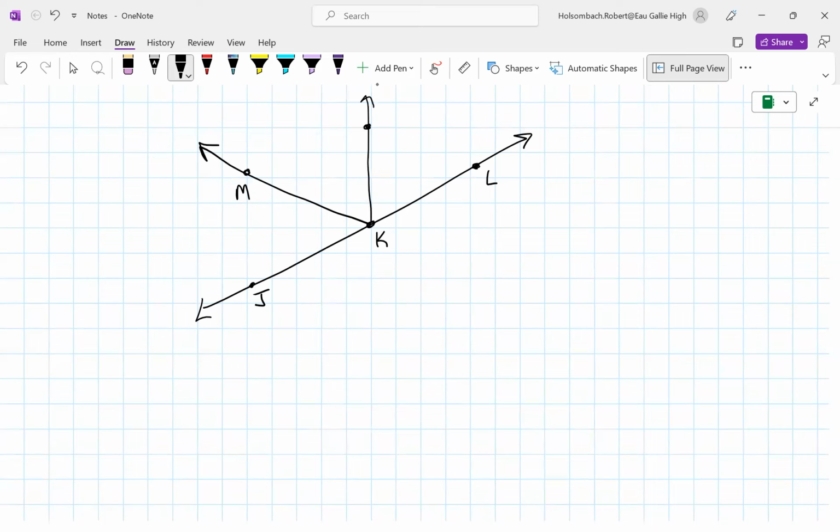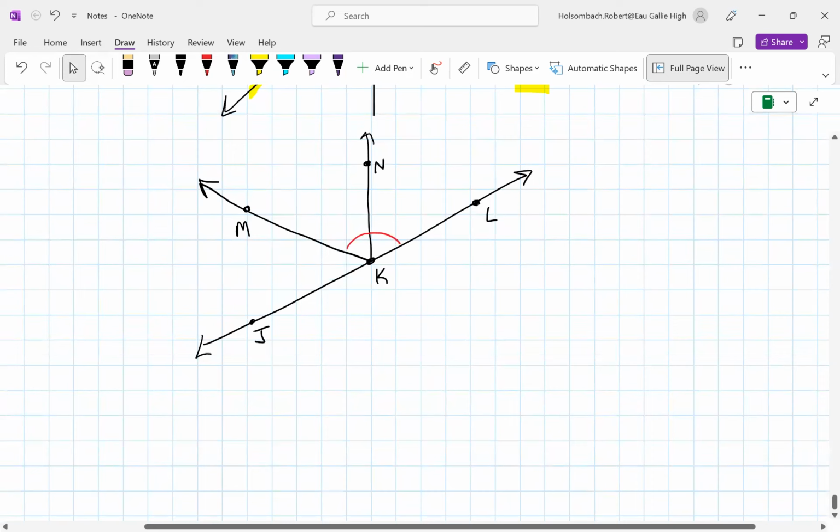And this is point N. We said yesterday that an angle bisector splits an angle into two congruent angles. So these two angles become equal to each other. Everybody with me so far?